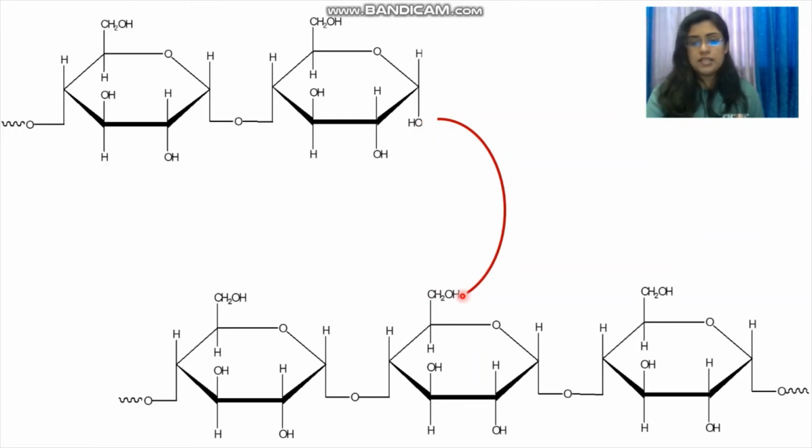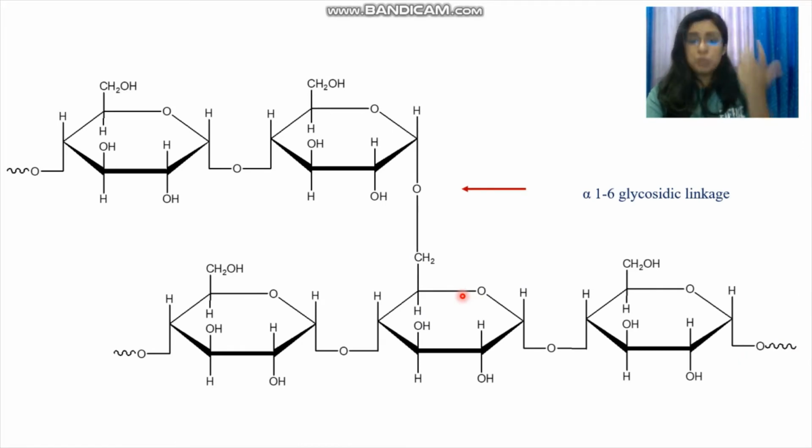And we get this branched product. We have this linear chain, and one more linear chain. Now there is a branching which leads to the alpha 1,6 glycosidic linkage, and this whole thing is my amylopectin.